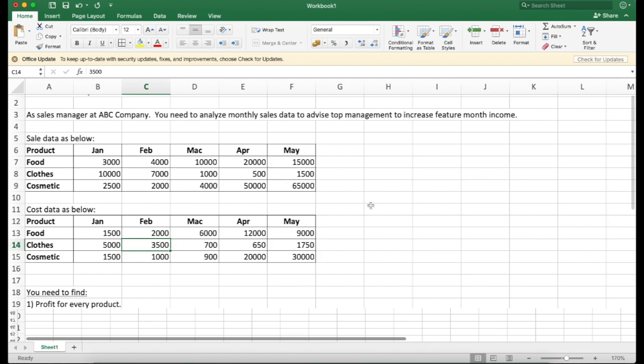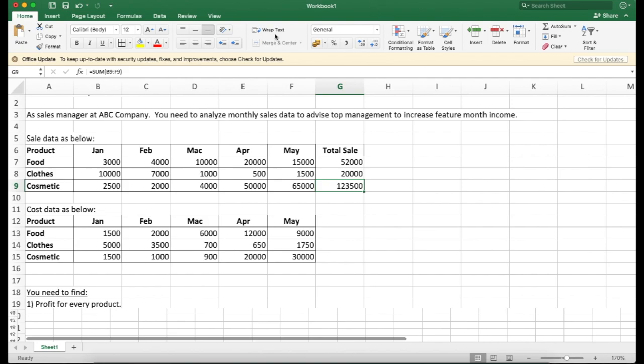Alright. So first of all, we need to find the total sale. So just using the simple formula and then copy it. So this one is total sale.